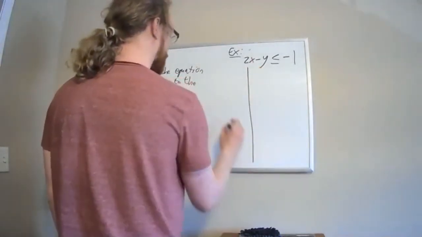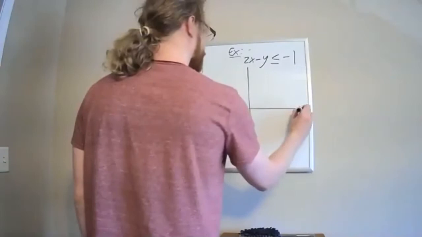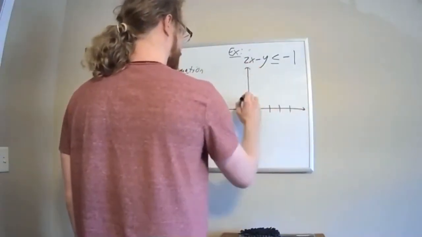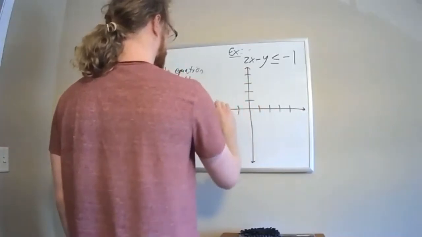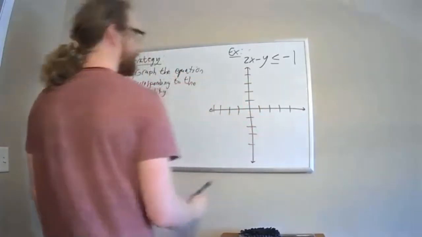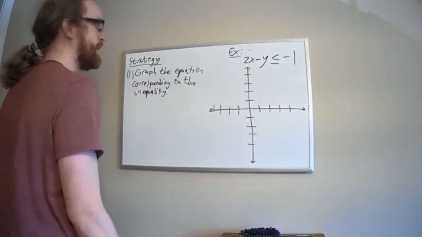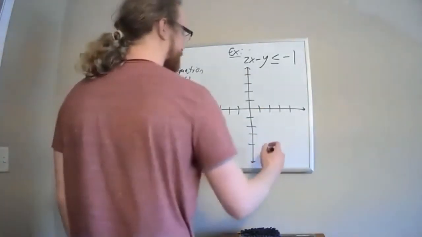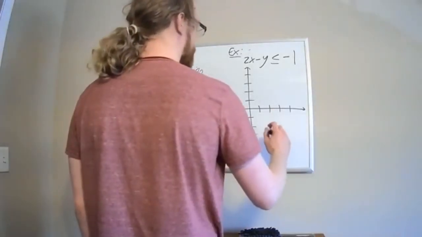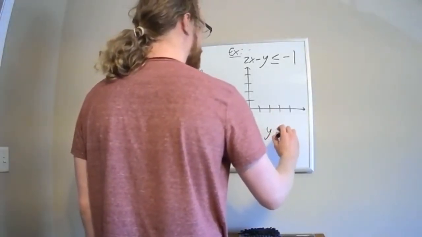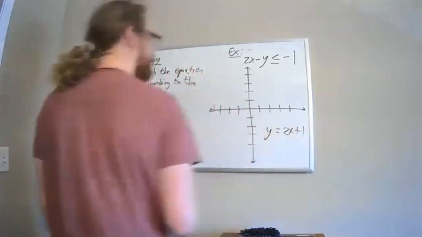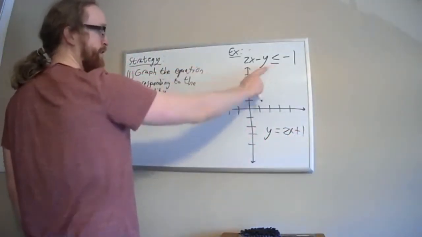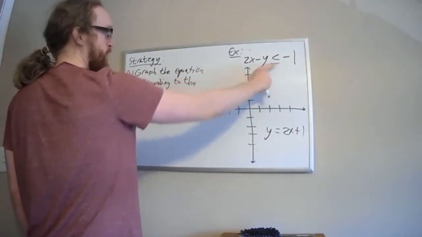So I'm going to start drawing my graph over here. If I turn this into an equal sign, what is my line? It's 2x minus y equals -1. If you like, I could solve this into slope-intercept form, and I think I'm going to get y equals 2x plus 1. So you can think of turning this into an equal sign, adding y to both sides, and then adding 1 to both sides.